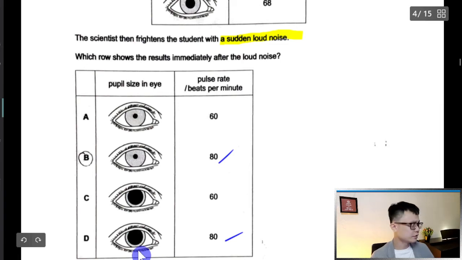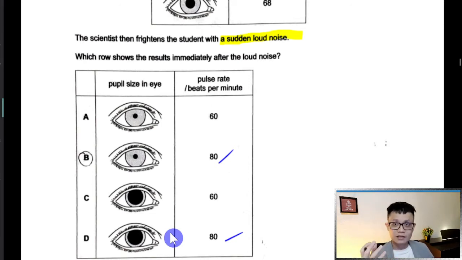He did his PhD, studying baby pupil size with things that they like. The result found that if the baby sees something like a toy or chocolate or sweet, the pupil will grow big.